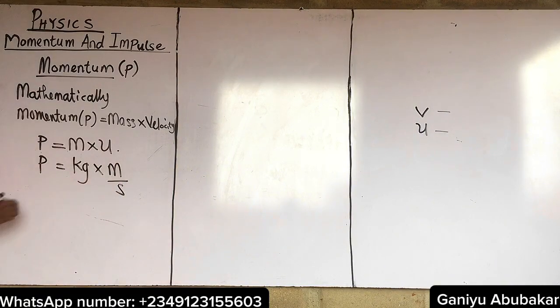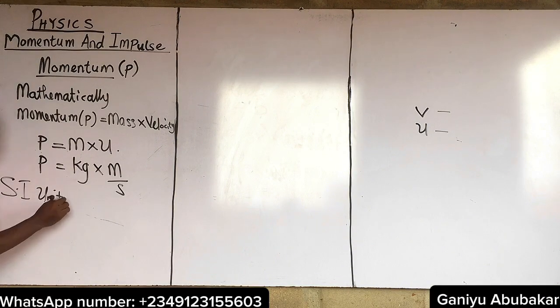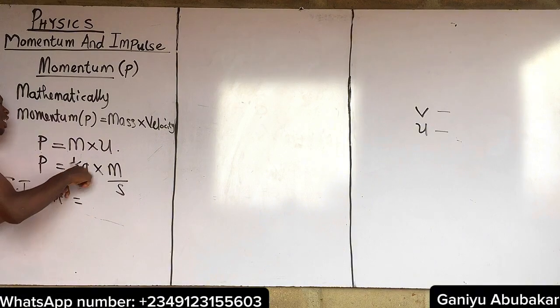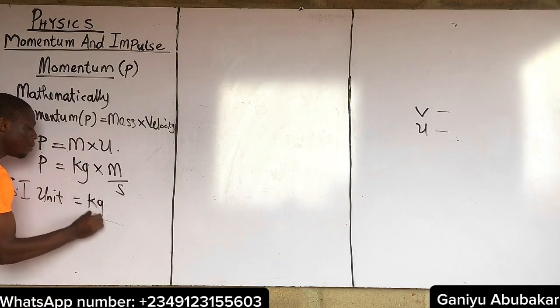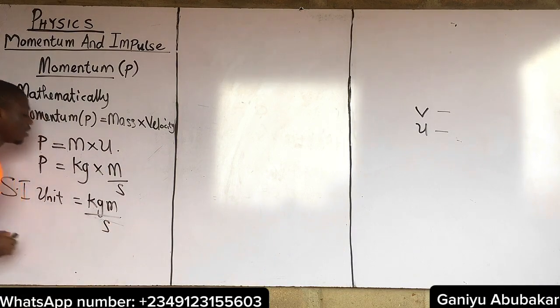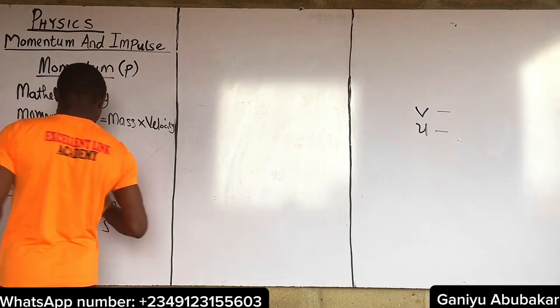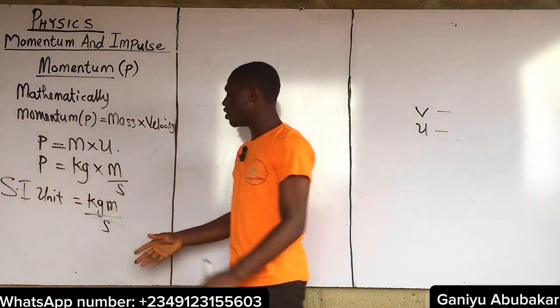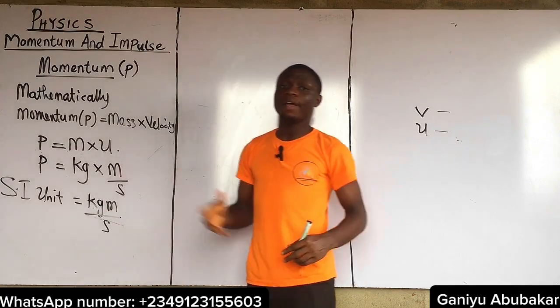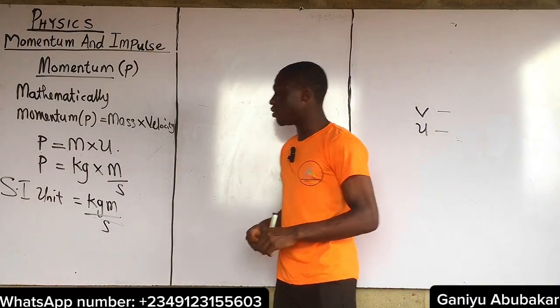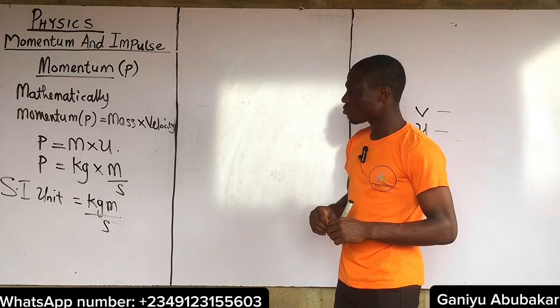Therefore, the SI unit for momentum is kilogram times meter per second. So the SI unit for momentum is simply kilogram meter per second.